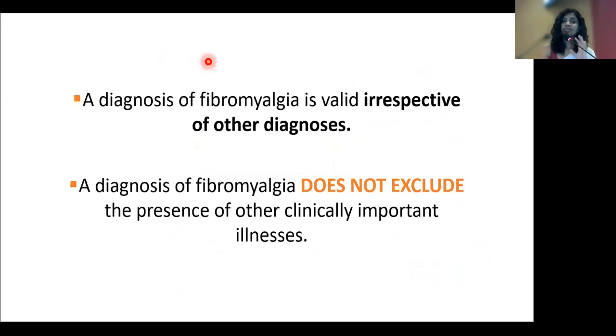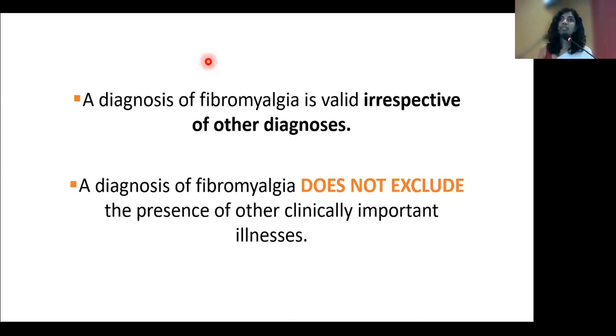However, you must remember that a diagnosis of fibromyalgia, if you make it clinically, is valid irrespective of any other diagnosis that the patient has. For example, there are loads of patients with SLE with centralized pain. There are loads of patients with rheumatoid arthritis with centralized pain.